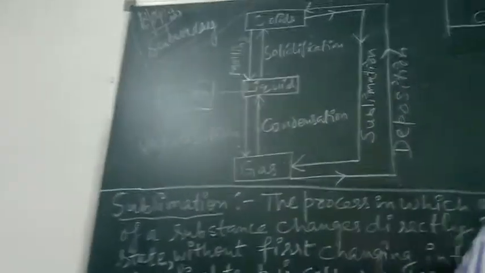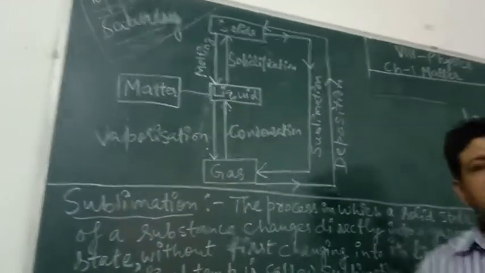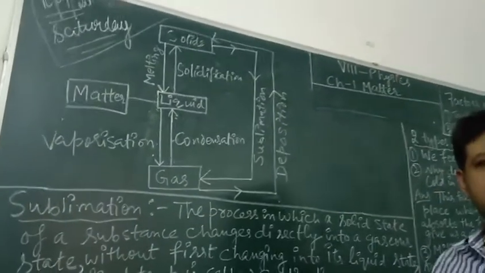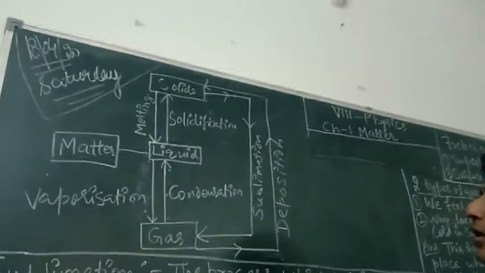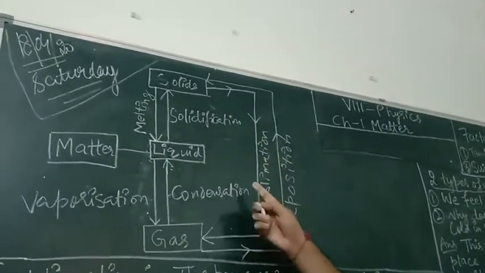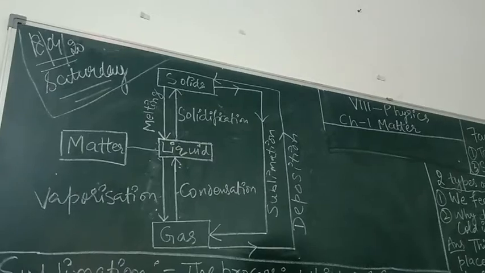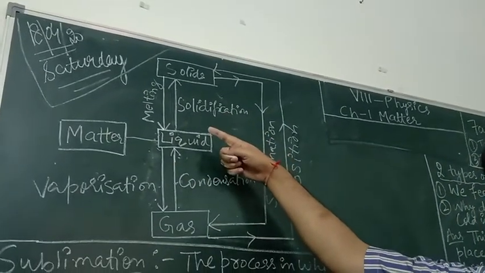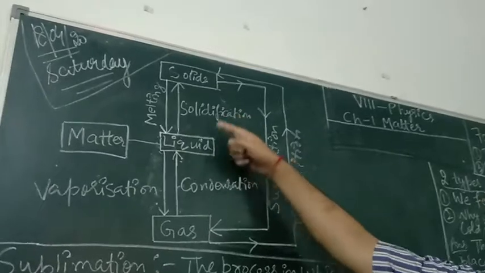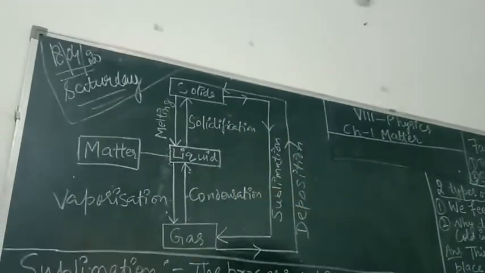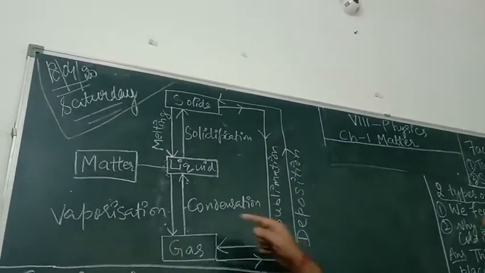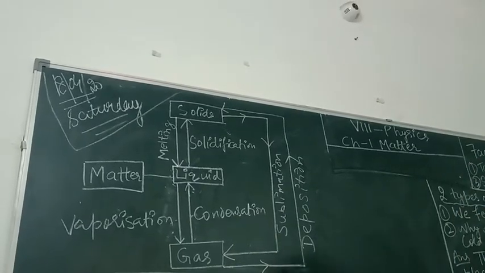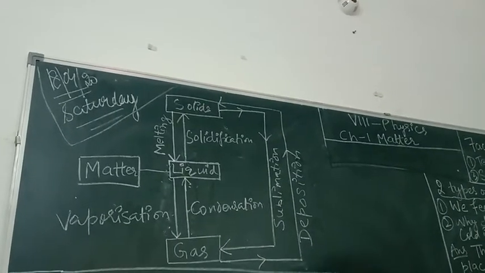Now before we start straight away with these questions, let's have a look at this chart again. Matter. Three states of matter as we know: solid, liquid and gas. And I have written the various process names for you.